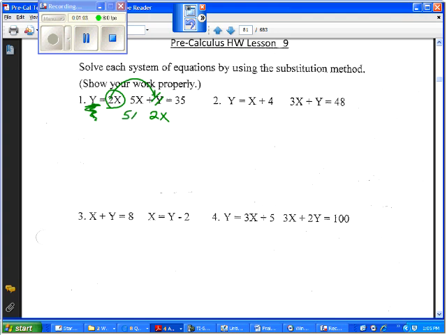And so then we're going to have 5x plus that 2x equal 35. So we made a substitution. We replaced y in the second equation with what it said it was equal to in the first equation.